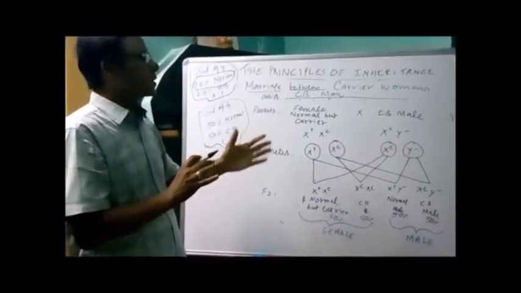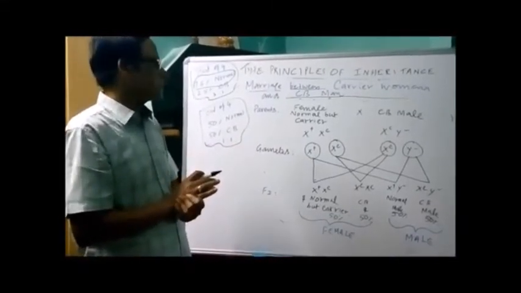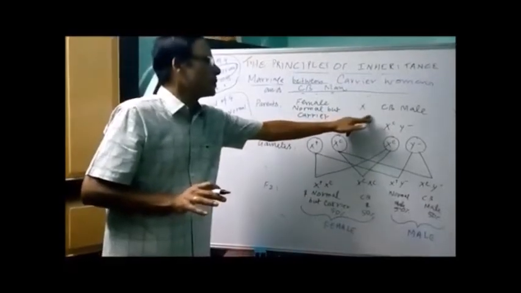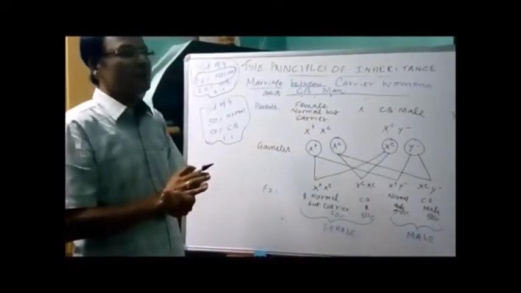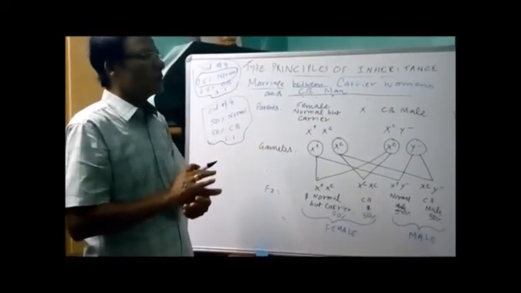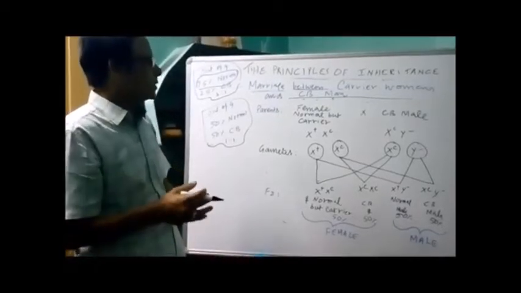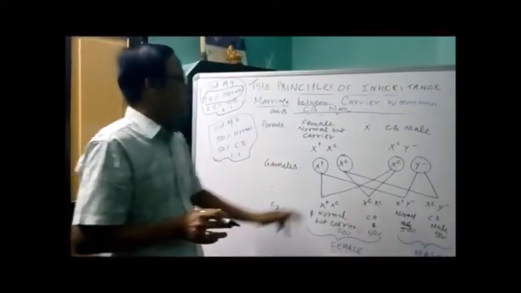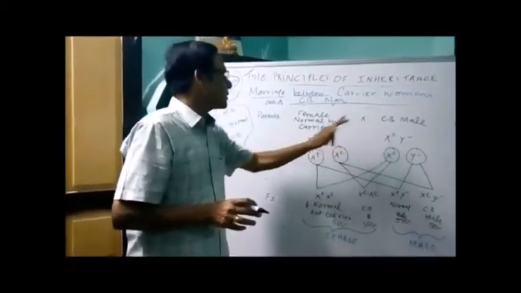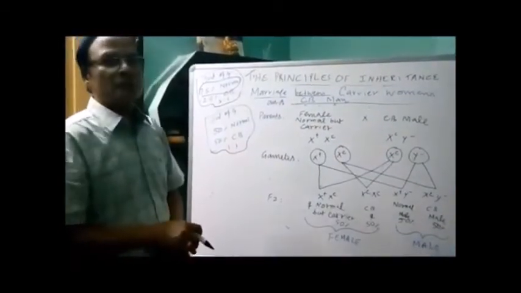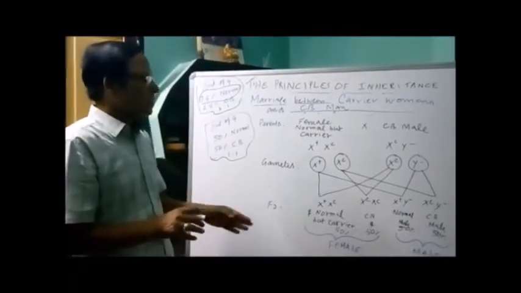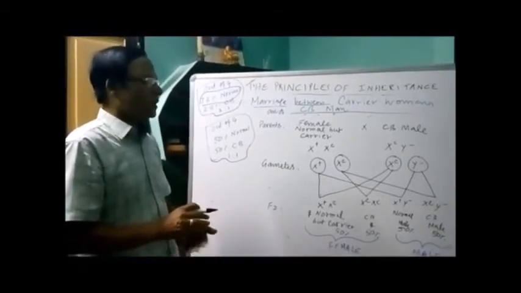The daughter will not normally be colorblind unless her father is colorblind and her mother is a carrier of the disease. I will give the table of columns a little while after.